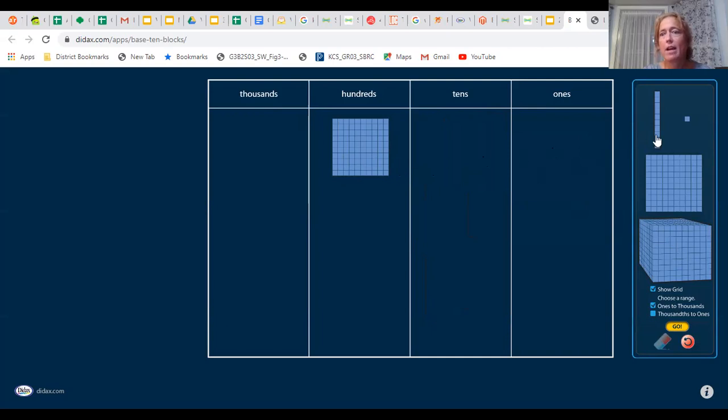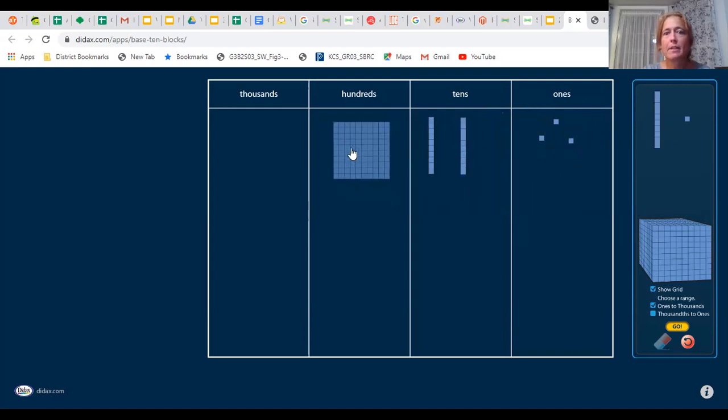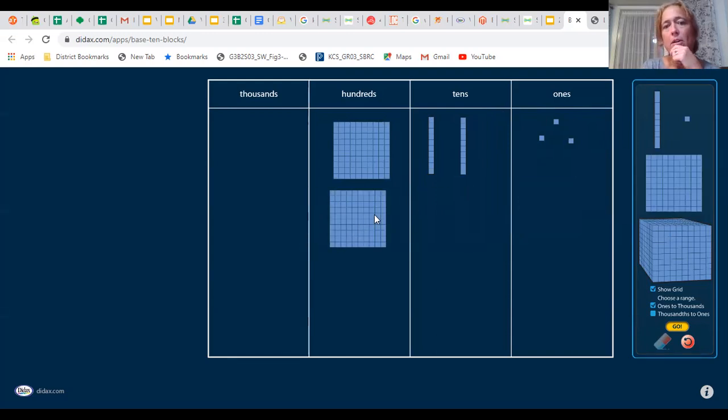All right, so now let me erase this. In this problem I have 1, 2, 3 ones, 2 sets of 10, and 2 sets of 100. Okay, so remember, each of these is 100.